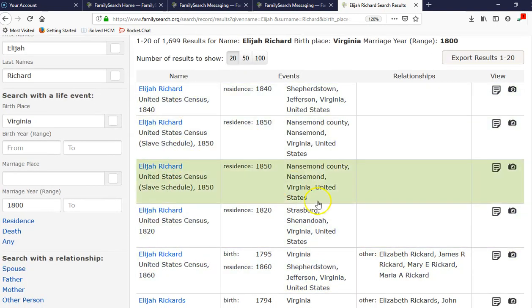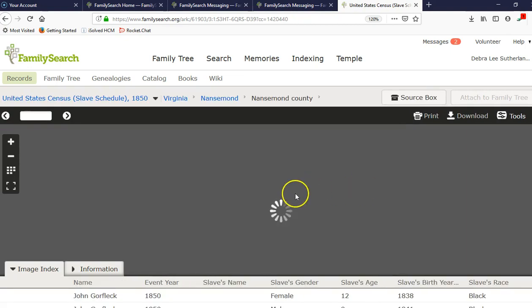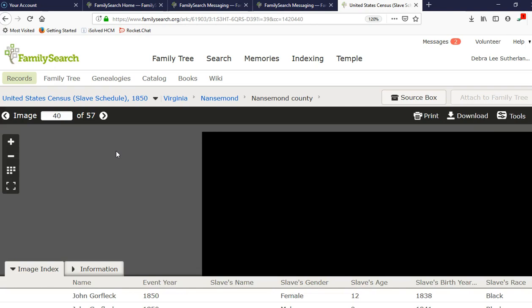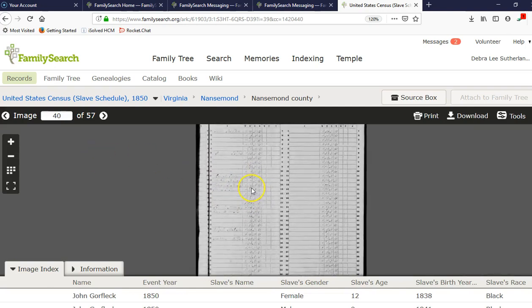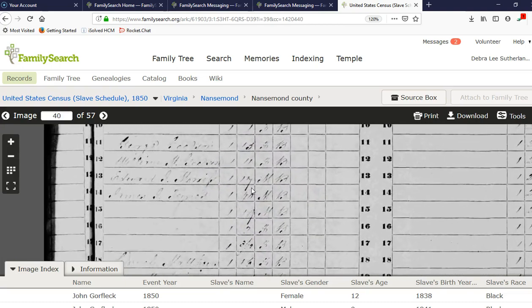Another thing you need to do is, when you find a family member in a census record, go in and look at families that lived near these families.